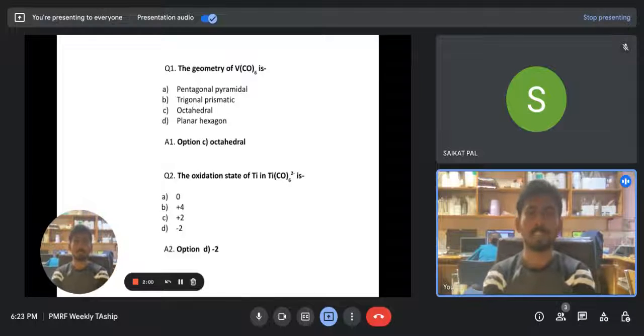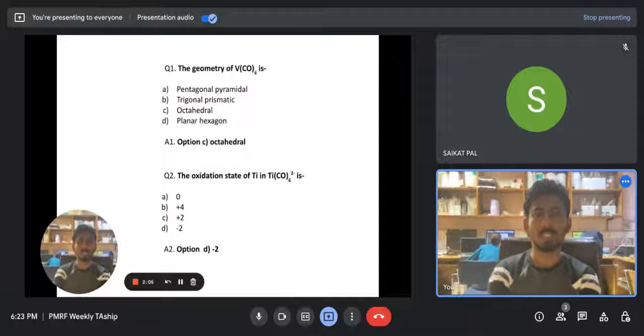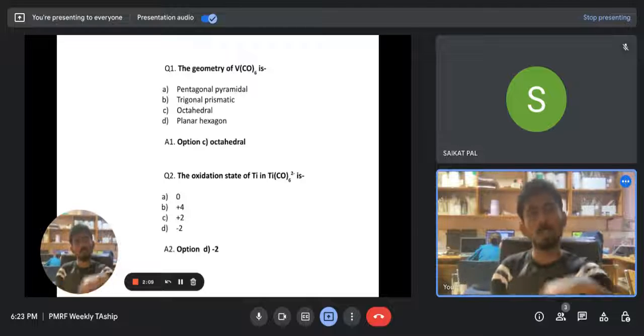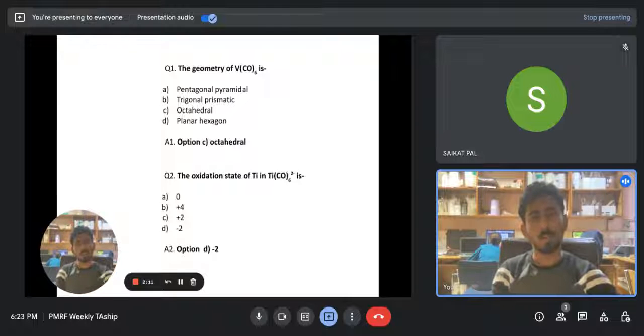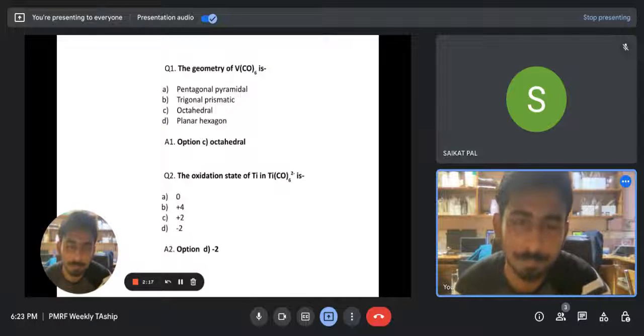The first example is regarding the geometry of V(CO)6, the vanadium hexacarbonyl. Before going to any transition metal organometallic complex having a metal carbonyl bond, we have to calculate the total number of valence electrons.